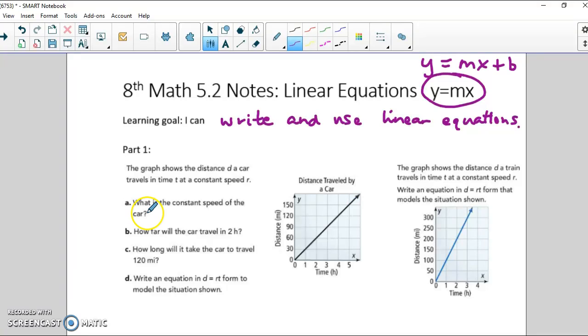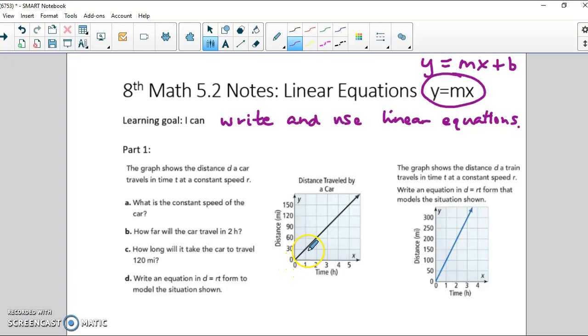So first for part A, what is the constant speed of the car? Well, as I look at this line, we know it's straight and it starts at 0, 0. So this represents a proportional relationship, but it's also a linear function. I know that the speed is constant because the line is straight, so I can simply look at my unit rate on the graph.